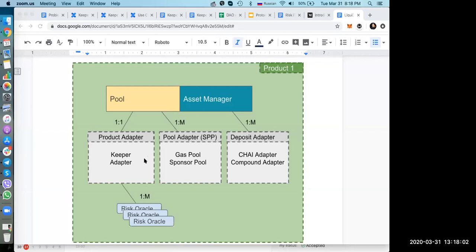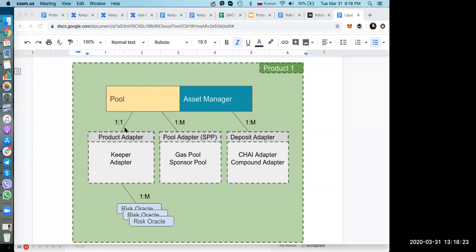On the previous call, one of our developers, Konstantin, presented the pluggable architecture of the pool, where we can plug in different types of adapters which will play different roles in the product implementation. Let's look at these adapters.